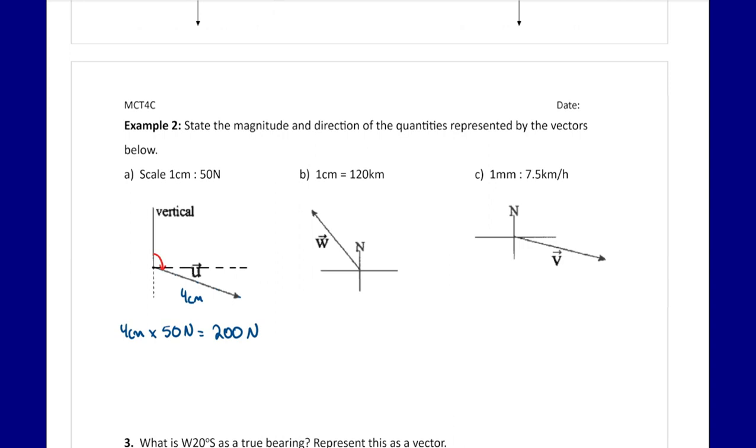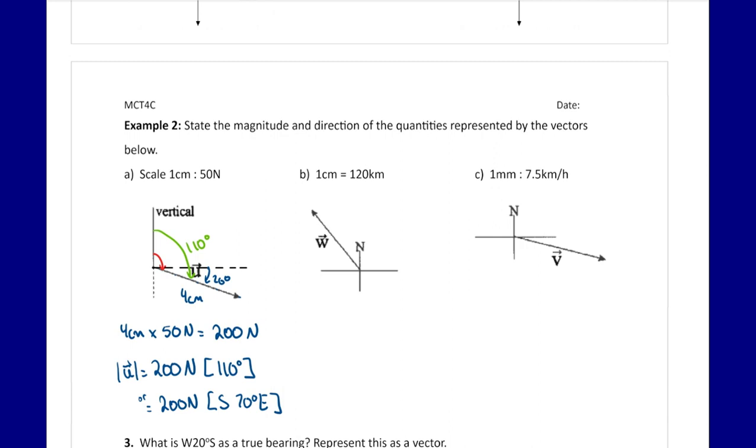So if it's 20 degrees from this line, that means that this entire thing would have to be 110. So for my vector, I could say the absolute value of u is equal to 200 newtons at 110, or I could say 200 newtons and then south 70 degrees east.